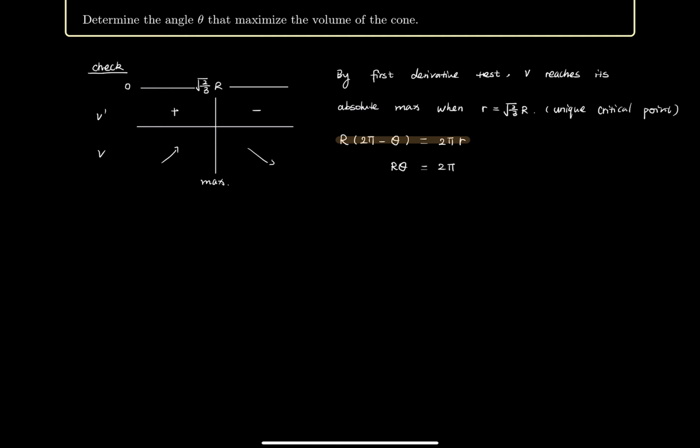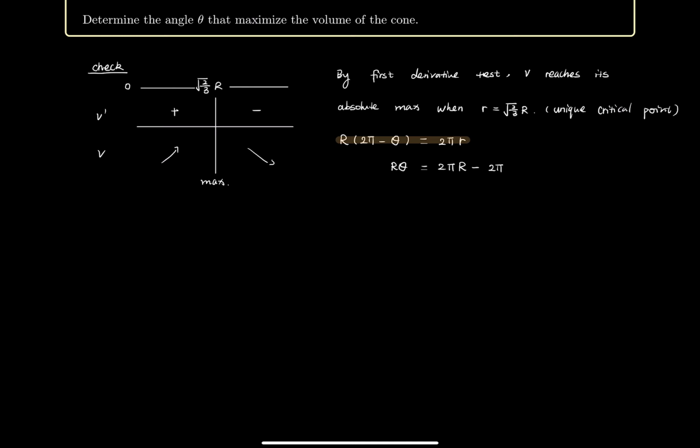I wanted to skip a step, but I forgot to do something. 2 pi R minus r theta equals 2 pi r. So r theta moved to the other side will be 2 pi R minus 2 pi r. So 2 pi capital R minus 2 pi small r.